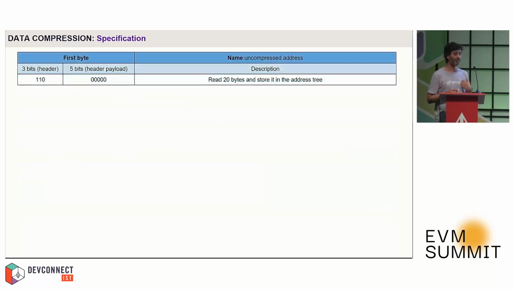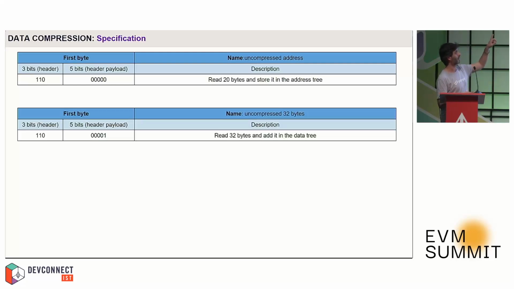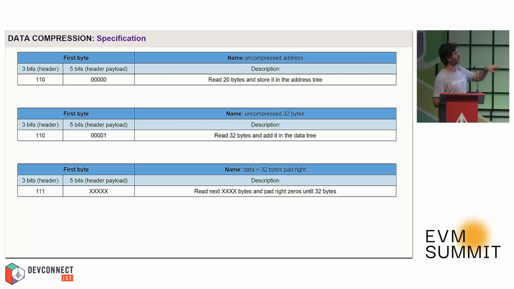And also, somehow, the contrary functions of address compressed and bytes compressed: you need to tell the circuit to store the mapping between an address and an index, and between a 32 byte value and an index. So we have these functions to tell the circuit, hey, store that into this sparse Merkle tree. The first is regarding the address, the second one is regarding the 32 bytes.